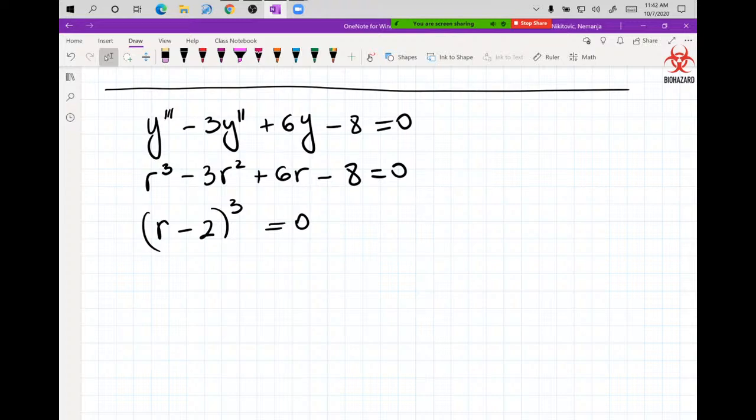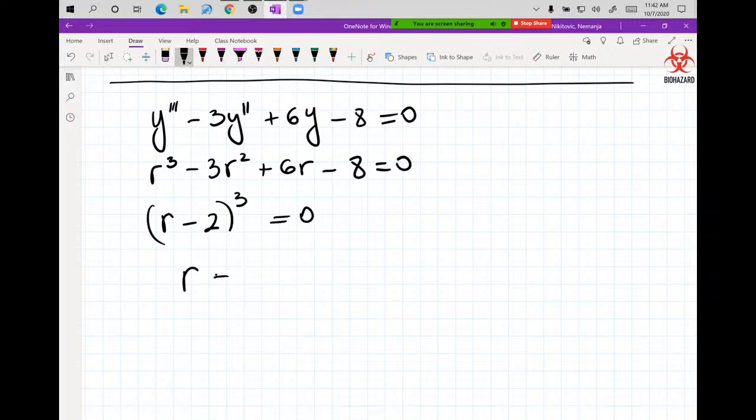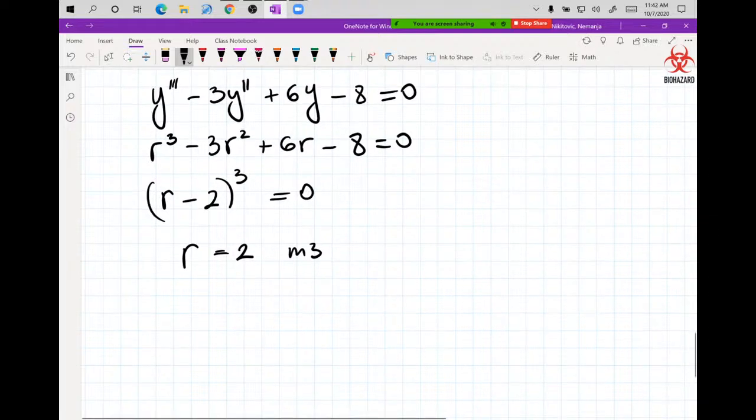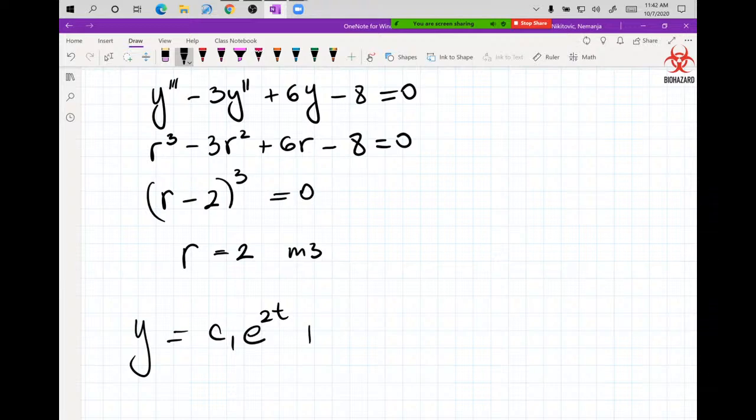So when I have this, then my r is 2 with multiplicity 3, if you remember your pre-calc, which means that your solution now is going to be C1 e to the 2t plus C2 t e to the 2t plus C3 t squared e to the 2t.